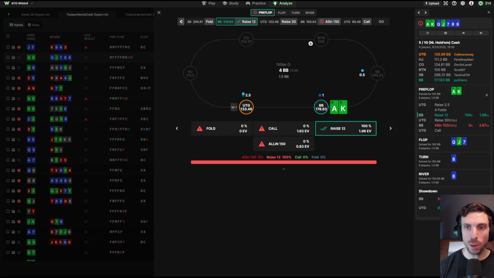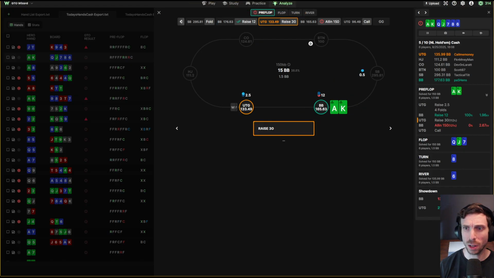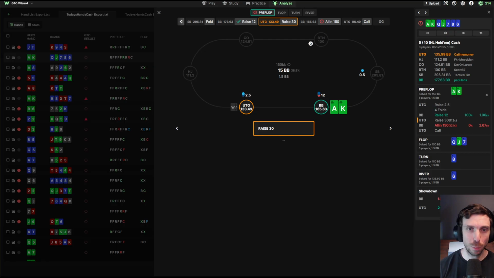If we 3-bet here to a 12 big blind sizing, which is exactly what GTO Wizard would do, then villain here at 135 big blinds is more likely to go something like 24 to 30 big blinds. That's within the range of some of the solutions that GTO Wizard has.